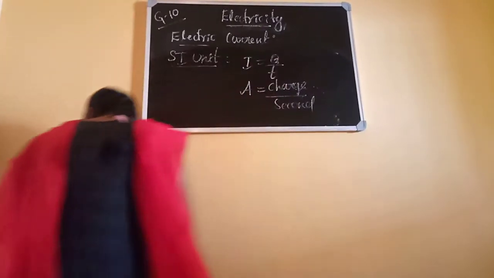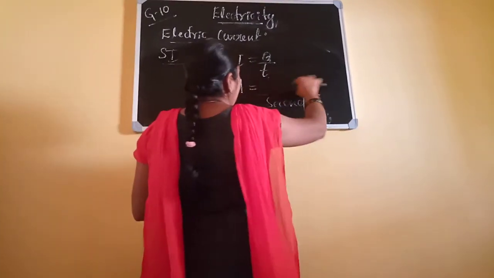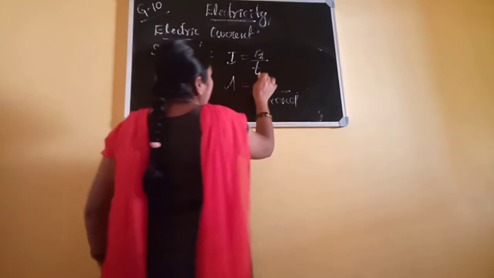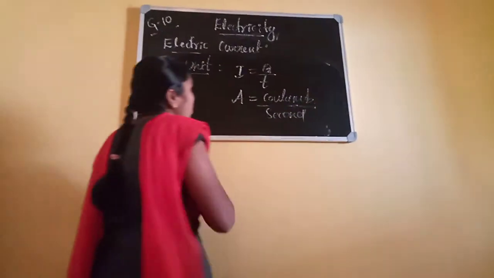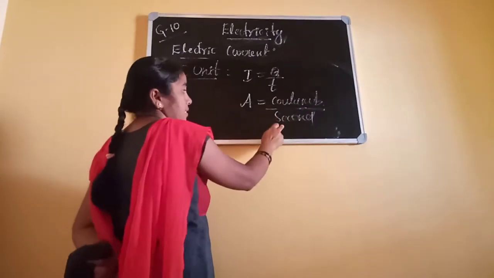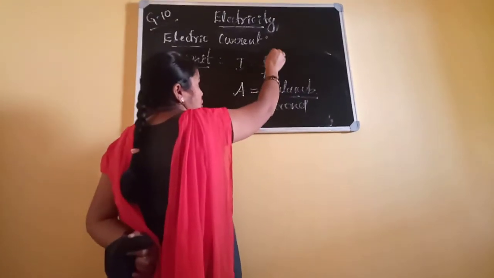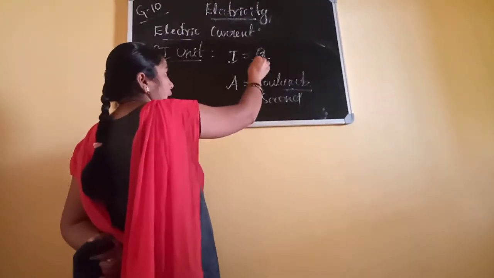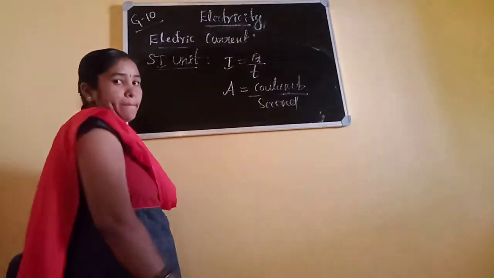Charge SI unit is coulomb, time SI unit is second, and current SI unit is ampere.